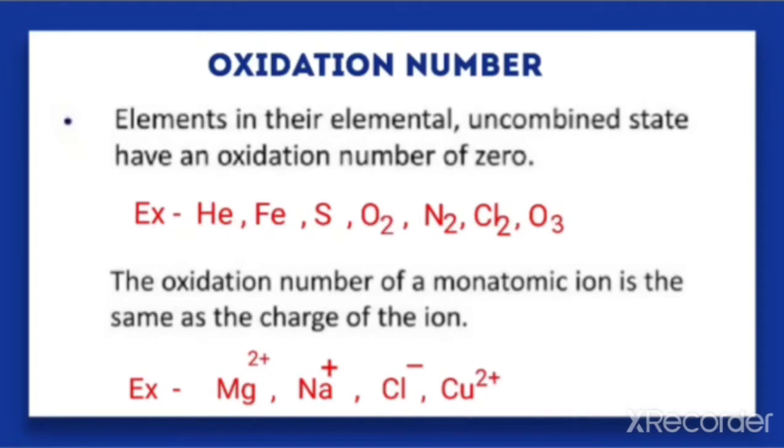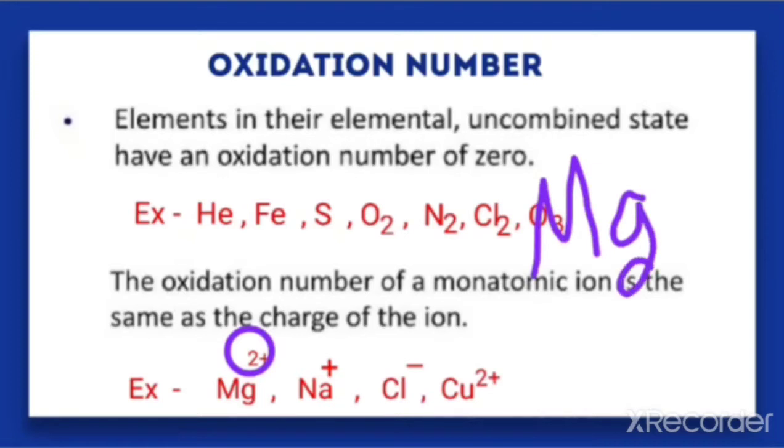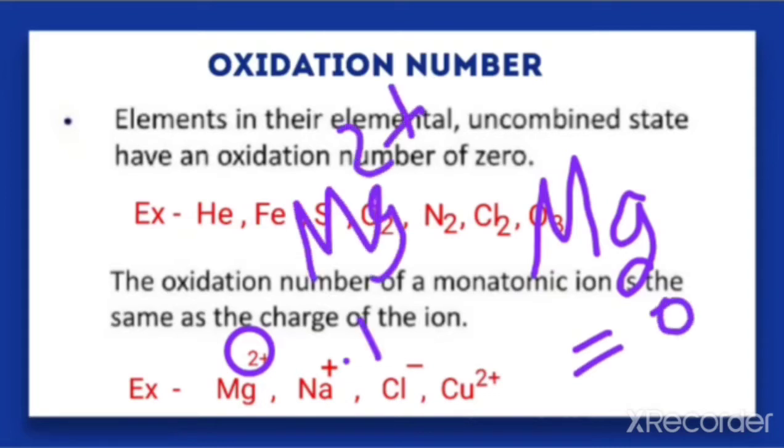That is plus 2. So plus 2 is the oxidation number for the magnesium ion. But remember, for the magnesium atom in the elemental state, the oxidation number is equal to 0, but for the magnesium ion, the oxidation number is plus 2.